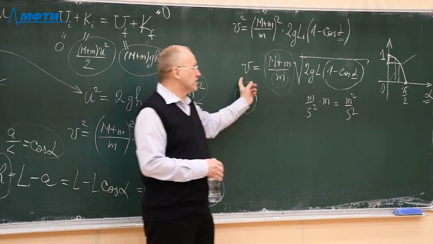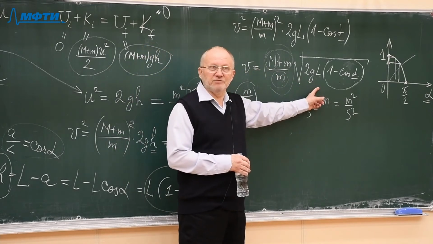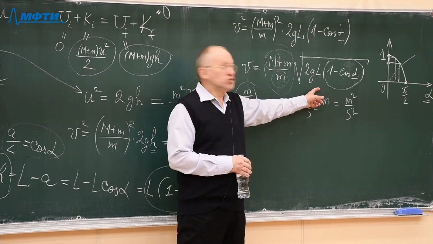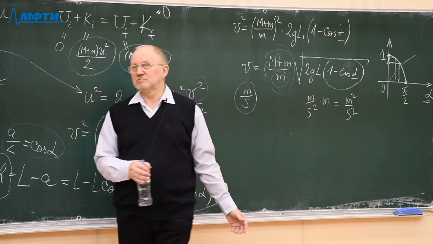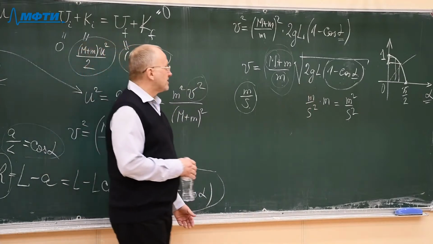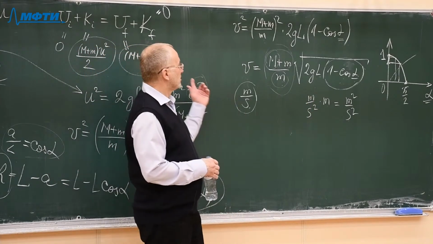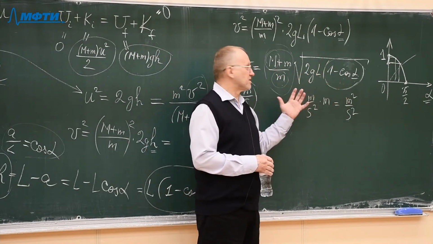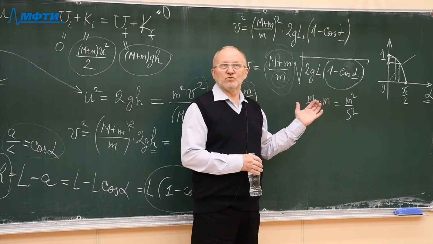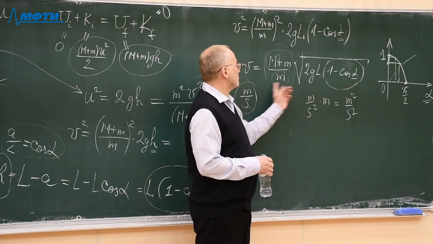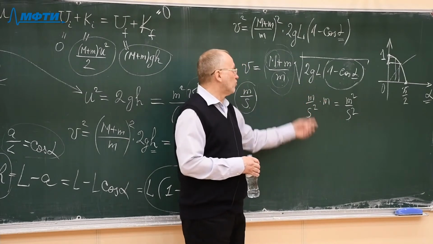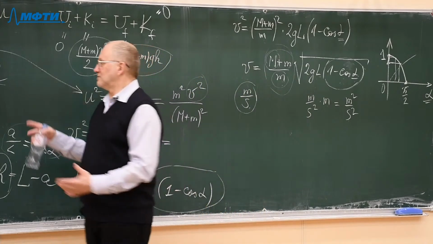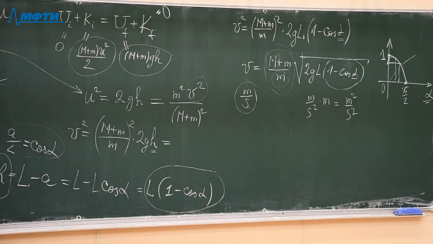The units of measurement must be correct. If the units are not correct, then there is sure to be a mistake in your final formula. And second step, you must analyze the formula for physical sense. You must analyze whether the formula conforms with your intuition, with what is going on in this physical process which you consider in the problem.